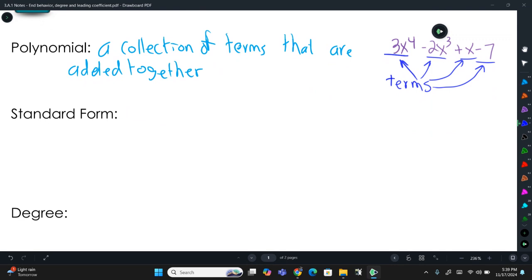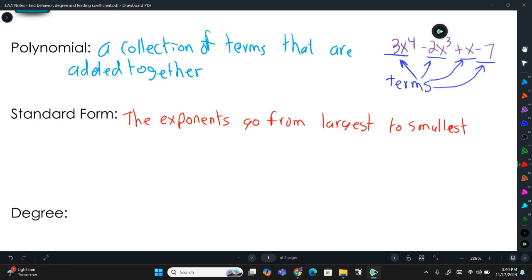Now, standard form of a polynomial is written when the exponents go from largest to smallest.